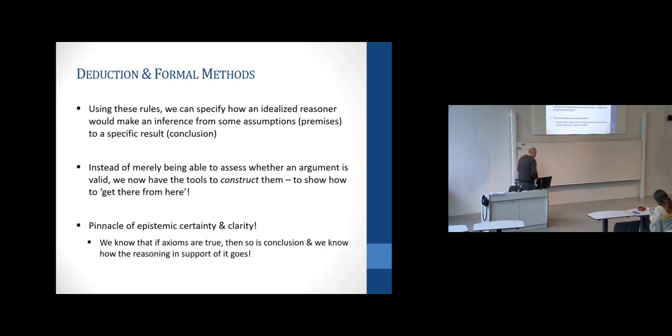So using these inference rules, what we get with a formal proof system is they tell us a way how an idealized reasoner would make inferences from some assumptions, premises, to a specific result, the conclusion. And instead of just merely being able to assess whether an argument's valid or not, we now know why. We know how it is you can go from premises to conclusion. We've got the path. And in this way, what formal proofs give us is this ideal.